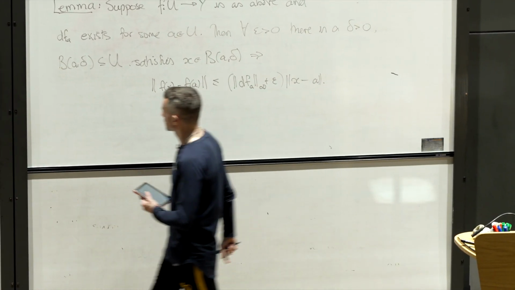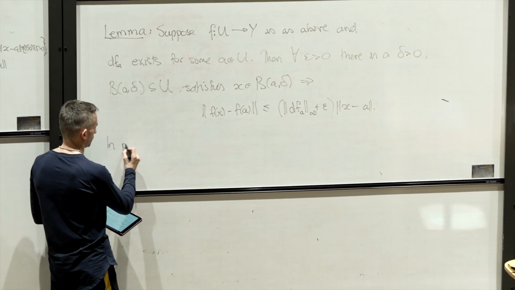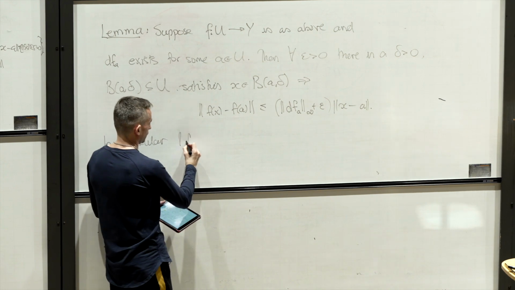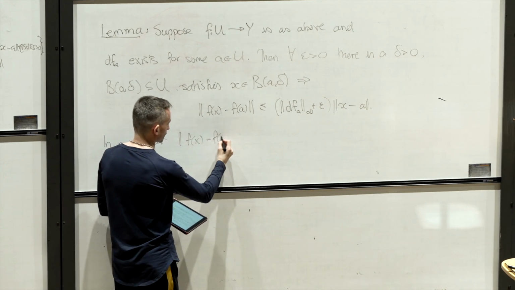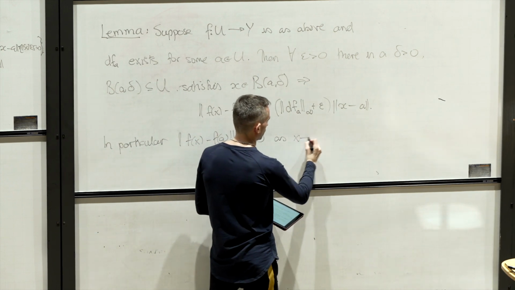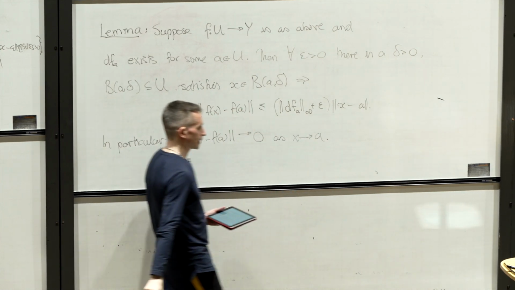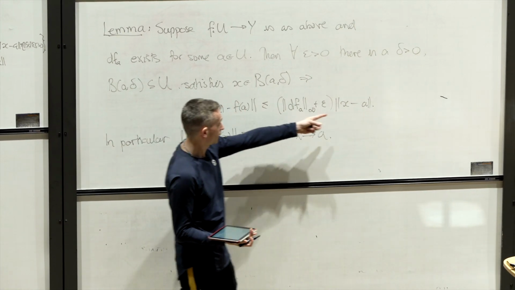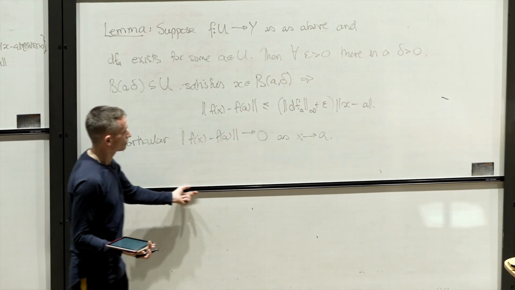Okay, so in particular, the distance between f of x and f of a goes to 0 as x goes to a, because that's of course certainly true of this right-hand side for any x of distance at most delta from a.